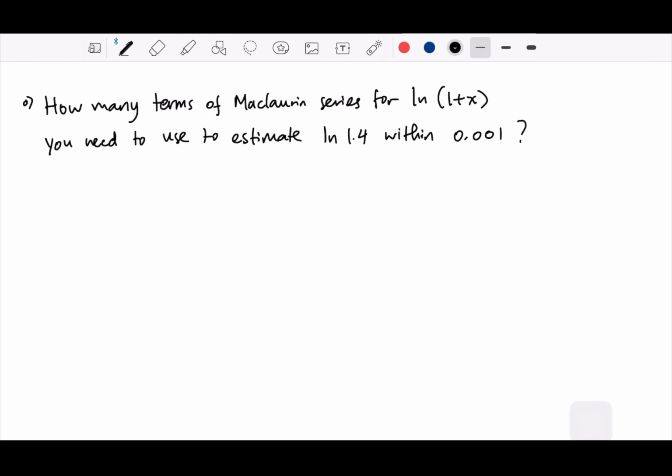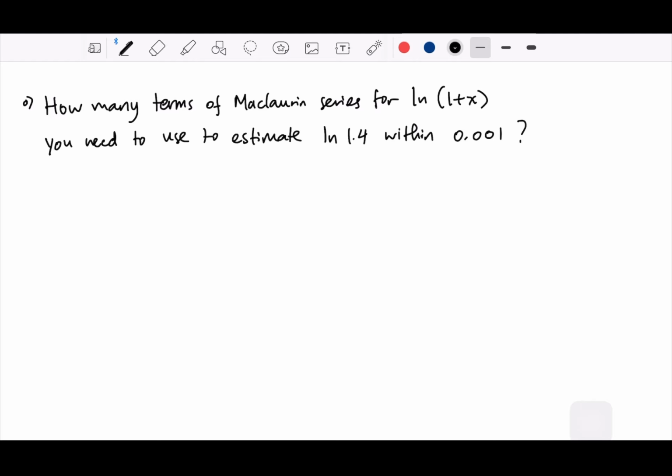Which means that what we are looking for in this question is to find n. Of course, since it's related to some computations, we need to use a calculator. So for your midterm, please prepare a calculator.